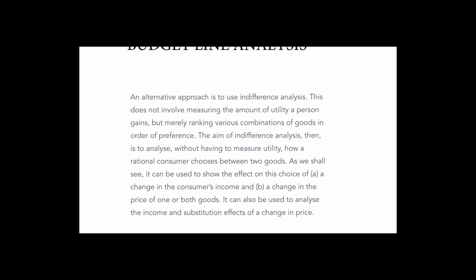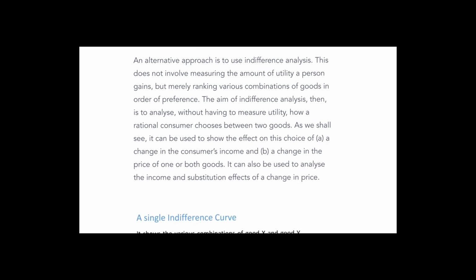And then of those bundles, he will learn to rank them in preference. Which bundle is going to give me the highest utility, which the lowest, and which bundle I will be indifferent in. And obviously with that comes the impact of income and price on the budget or on the entire analysis.